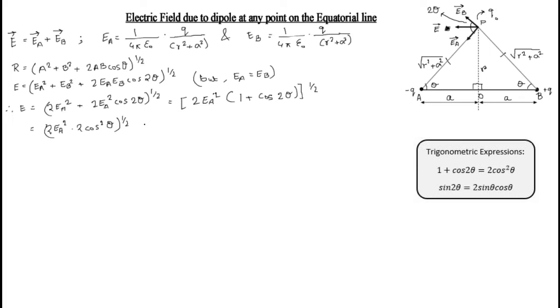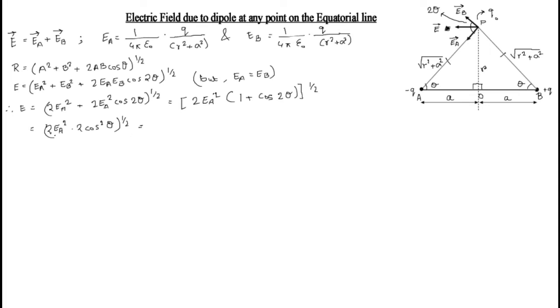If we remove this square root, out of these two 2's, one 2 will come out, out of this EA square, one EA will come out, and from this cos square theta, one cos theta will come out. So remember this thing: instead of directly putting the values of EA and EB in this expression in the first place, just go and simplify it first. Otherwise it will be very difficult to calculate, and we may easily make some mistakes.